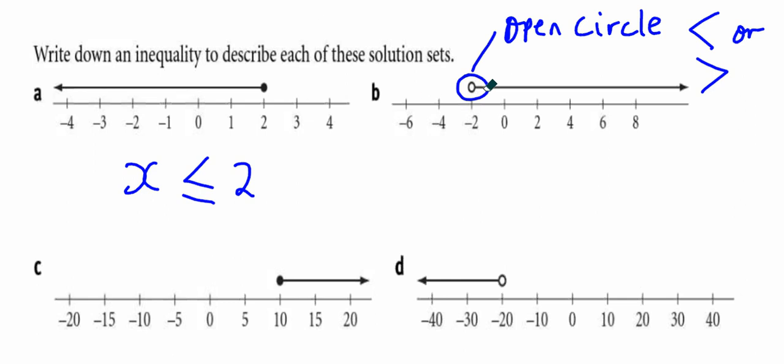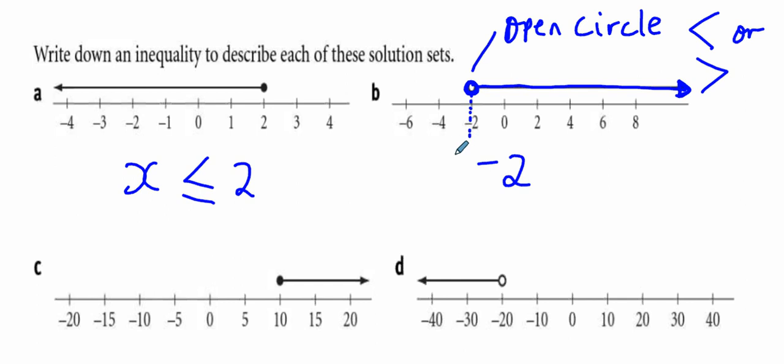Now, can you see the starting point? The starting point of this open circle begins with -2. So our number to start here is -2. But if you check, the arrow starts with -2 and then it goes to the right-hand side of -2.